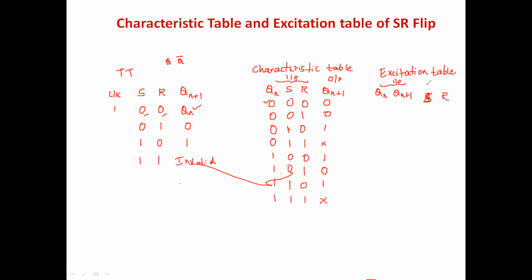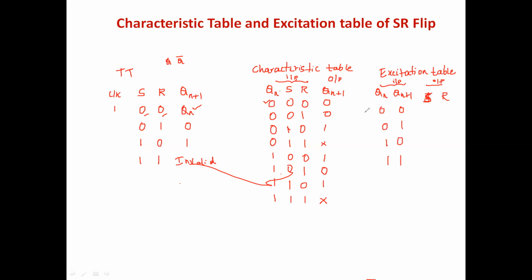Since this is nothing but output. So since I'm having two inputs, I will be having four combinations: 0 0, 0 1, 1 0, 1 1. If I want to get Qn as 0, Qn plus 1 as 0, what are the input values which are required? That is nothing but excitation. That information is given by excitation table.